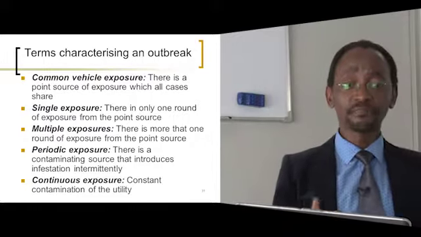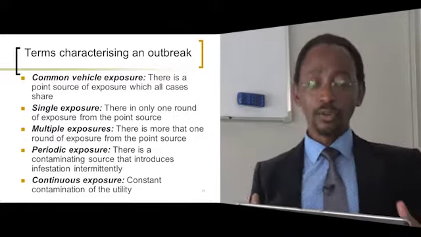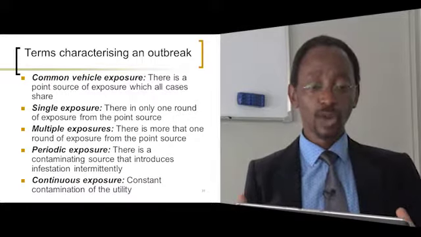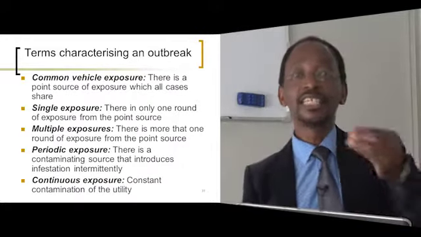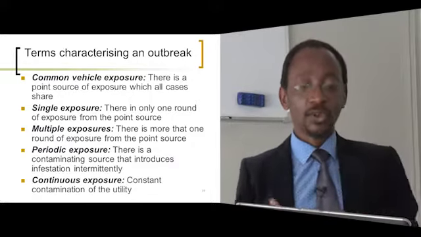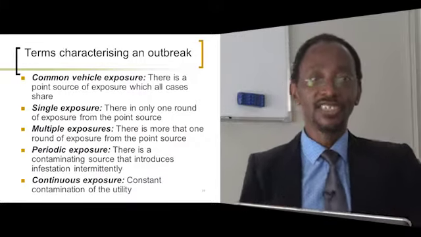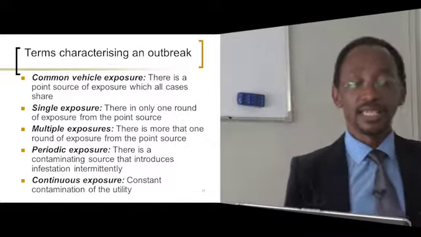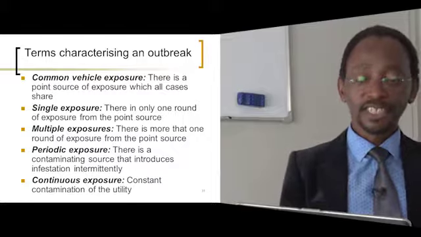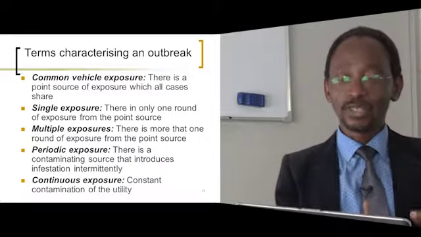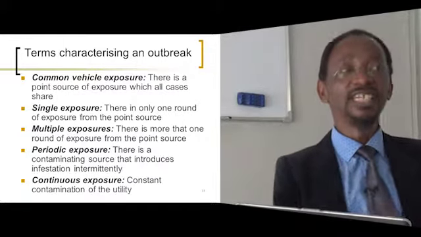But multiple exposures means that there could be one source, but people get exposed to it several times. They eat several meals. So they increase the dose, and that's when you get the outbreak. And then there's what they call periodic exposure. Periodic exposure means there's a contaminating source that releases the contaminant periodically, intermittently.